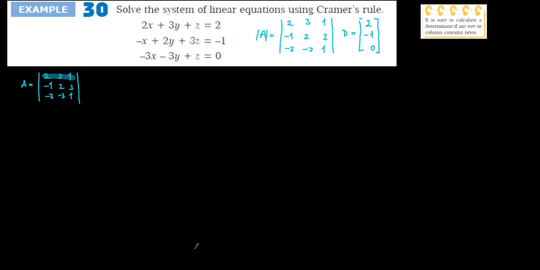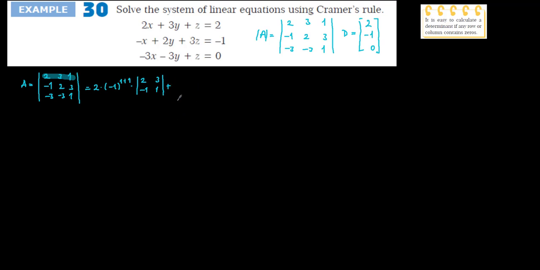I'm going to use the entries in that row, which are 2, 3, and 1 as the coefficients. The first term is 2 times minus 1 to the power of 1 plus 1 times the minor: when you close the first row and first column, it becomes 2, 3, minus 3, and 1. This is the first part.